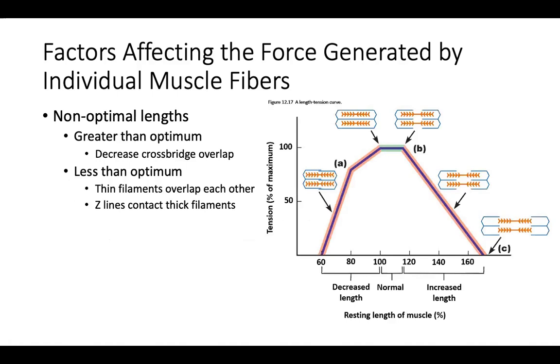So let's talk about what the optimal length looks like, and then what some non-optimal lengths will look like as well. If we have a length that is greater than optimum, we're going to decrease the amount of cross-bridge interaction. Think about this sarcomere over here. It's really stretched out.